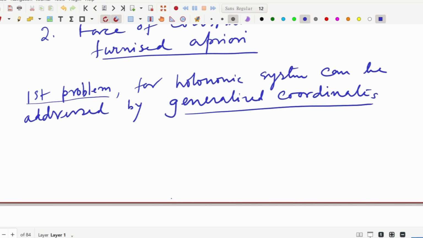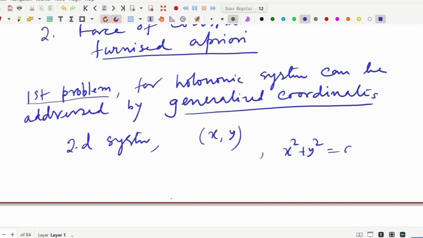Suppose I study a two-dimensional system. We expect that all dynamical variables are functions of two variables x and y. Now I said that the particle moves in a circle, so the constraint equation will be x square plus y square equals a square.